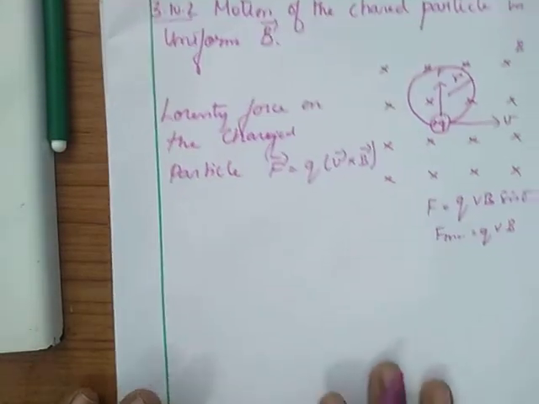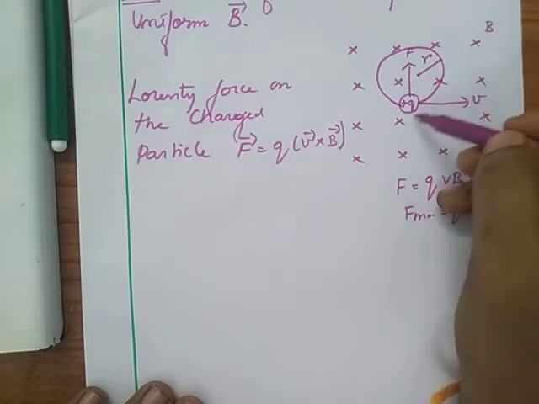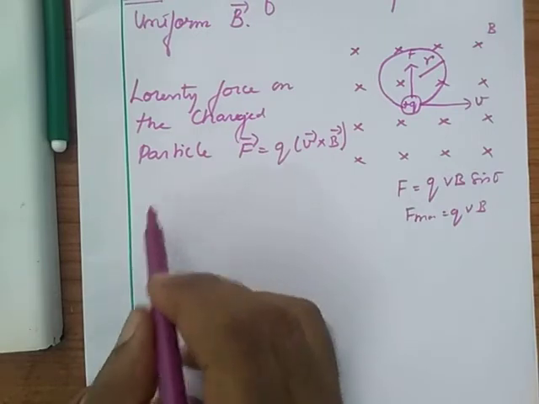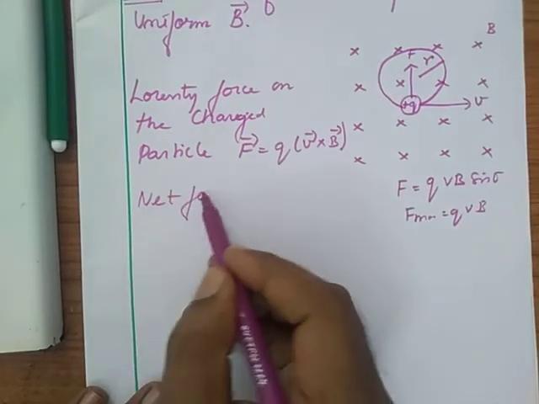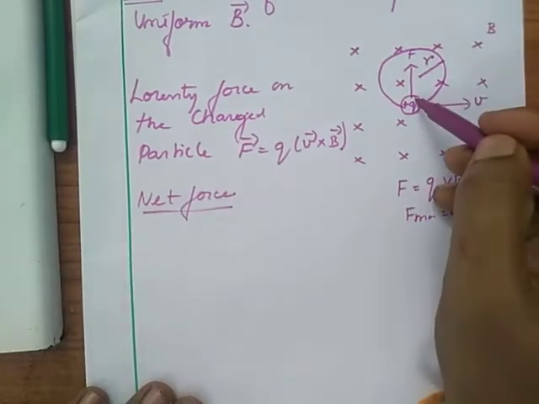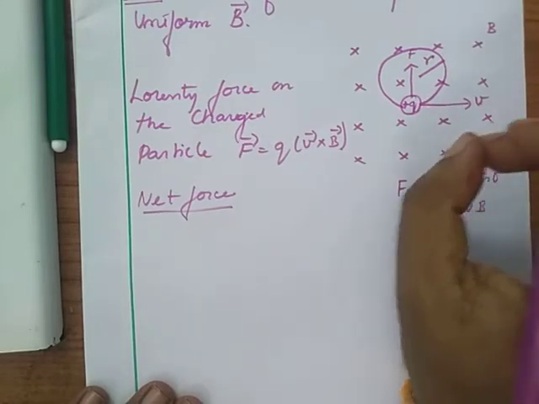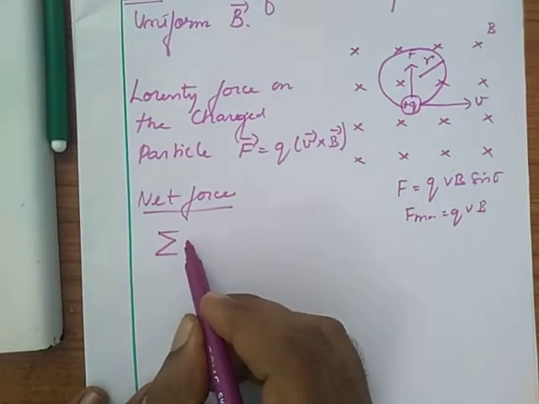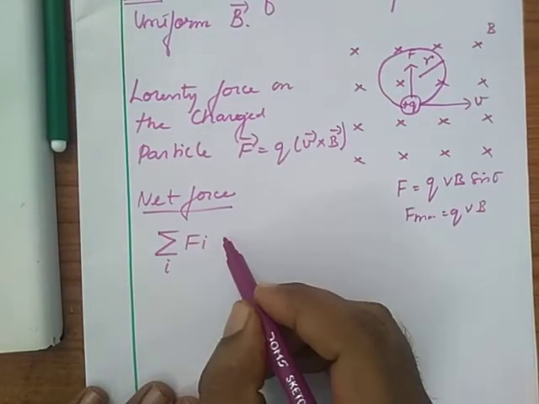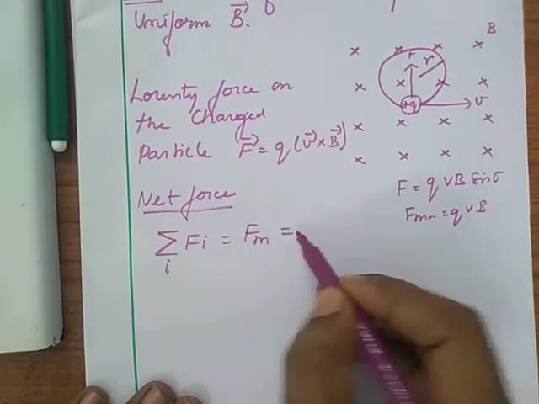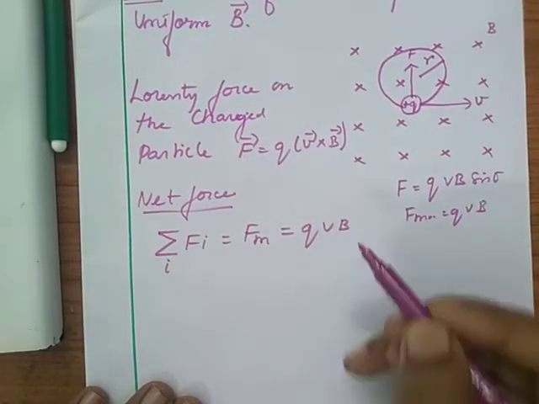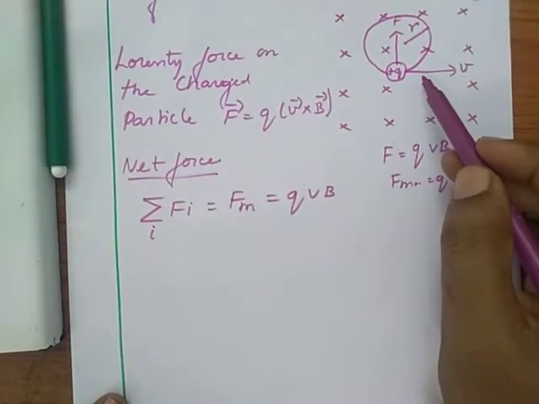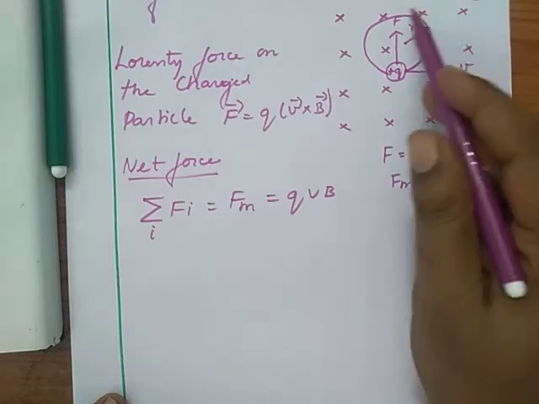There are no other forces acting on the charge, so the net force on that charged particle can be written as: here the force acting on the charged particle is only the Lorentz force. Then the net force, summation F_i, is equal to the Lorentz force, that is equal to q v B.